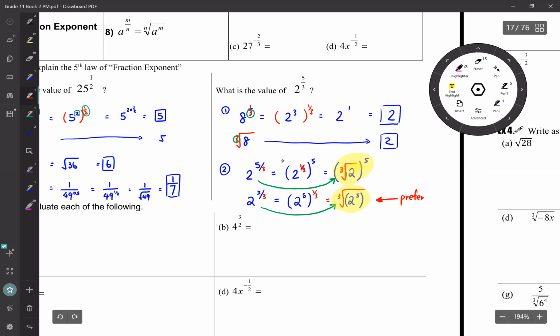Later I'll explain why I prefer the second. Actually, the first way. Later when we do the questions, I'll explain why the first way is better. Having the root first, okay? So this one is preferred.